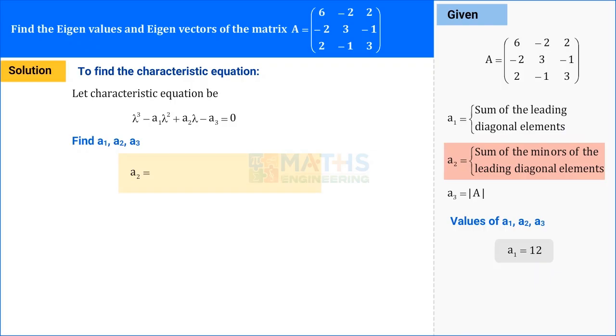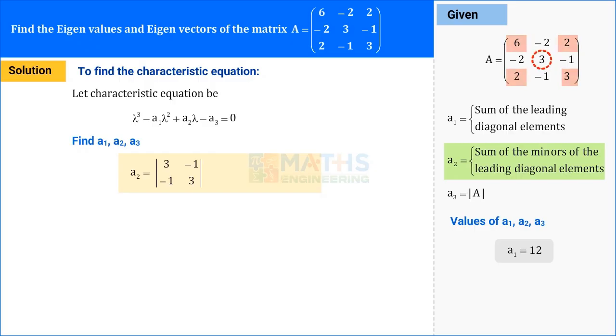Now, we find the value of A2. A2 is equal to the sum of the minors of the leading diagonal elements. The first leading diagonal element is 6. It's in the position first row and first column. We leave the first row and first column. The determinant of the remaining elements 3, minus 1, minus 1, 3 is the minor of this 6.